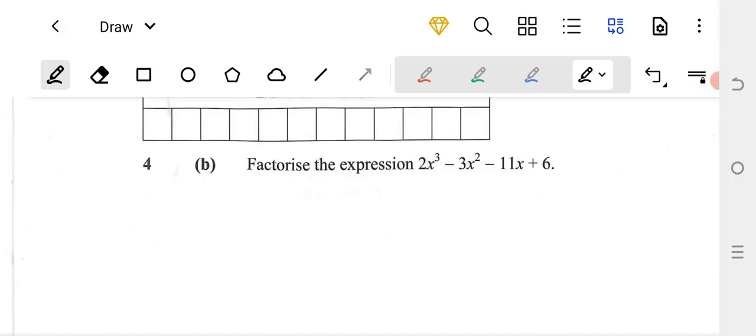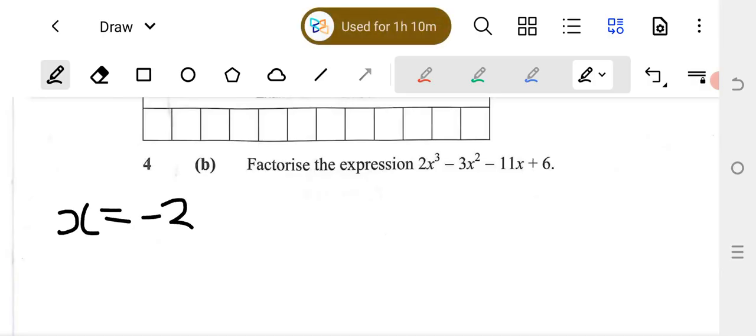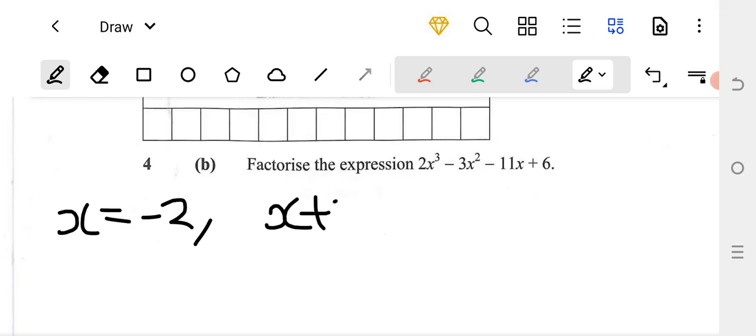Minus 3 multiplied by negative 2 squared minus 11 multiplied by negative 2 plus 6. So if you type that nicely into your calculator, it's going to give you 0. So we are saying x is equal to negative 2. And then if you write it as a factor, it's the same as saying x plus 2.